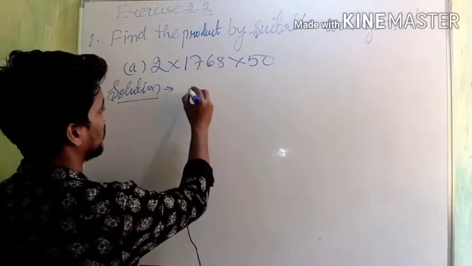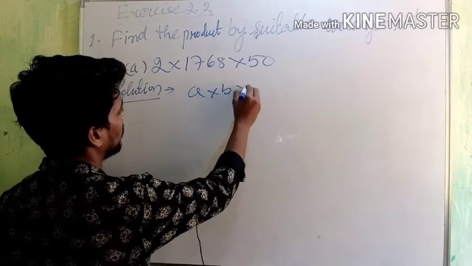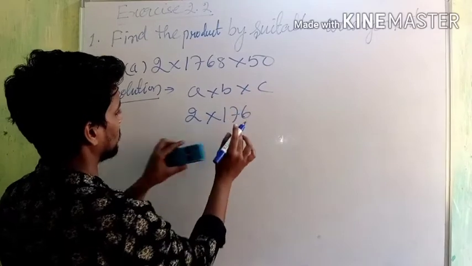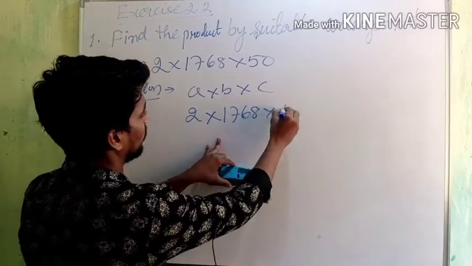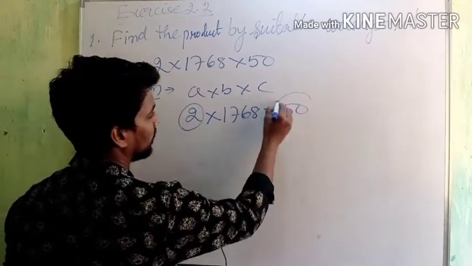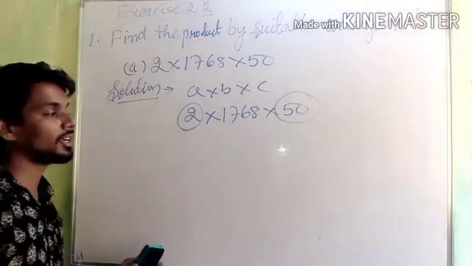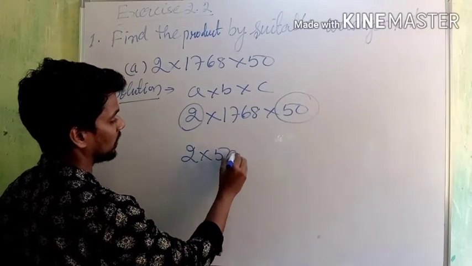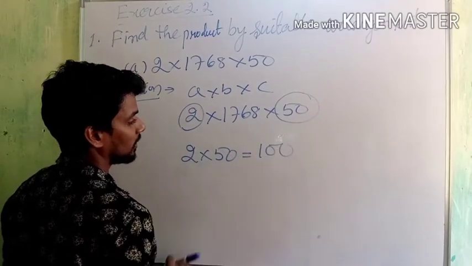I see a into b into c, which is 2 into 1768 into 50. Here 2 and 50 can be multiplied and I'll get a 100.